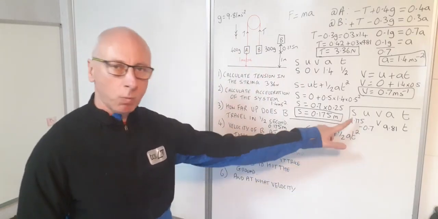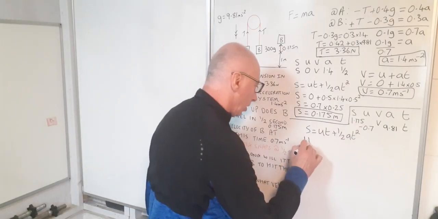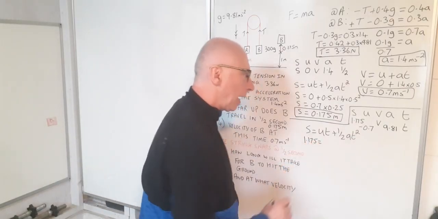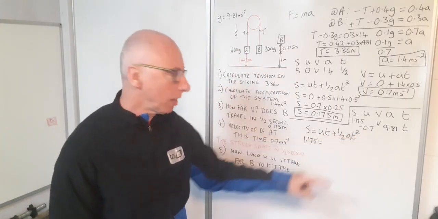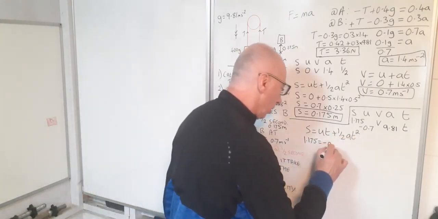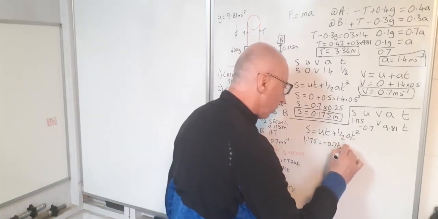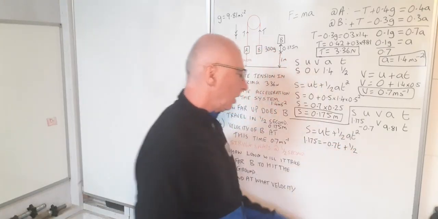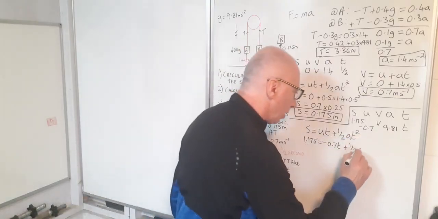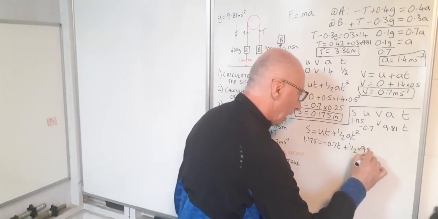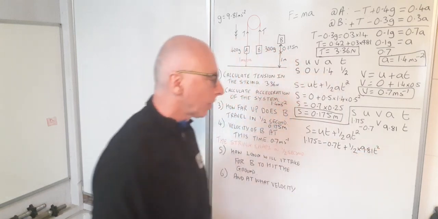So S is 1.175, and then U times T, so that's minus 0.7T, plus 1/2 times acceleration, which is 9.81, times T squared.